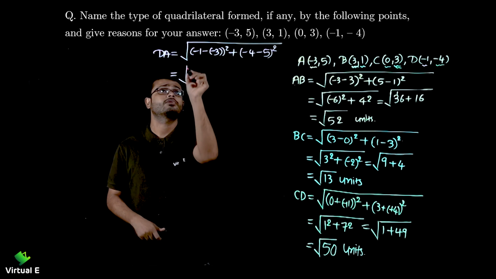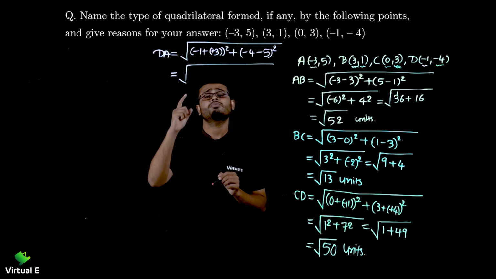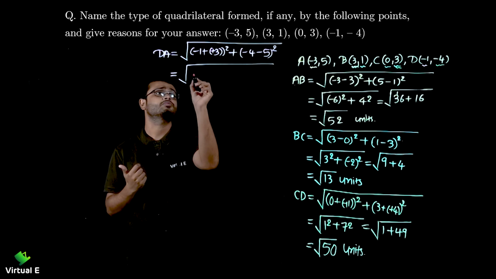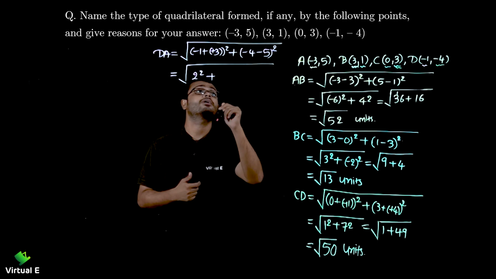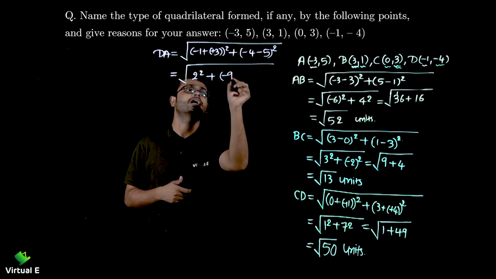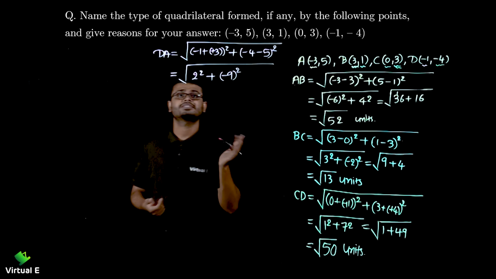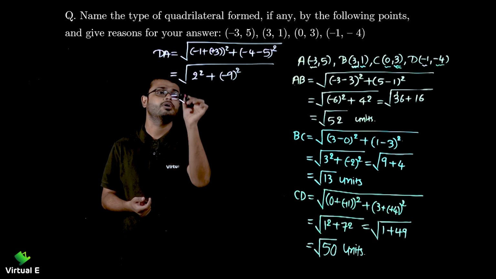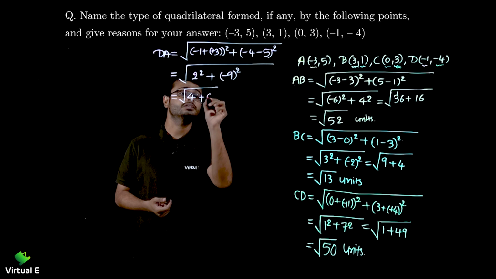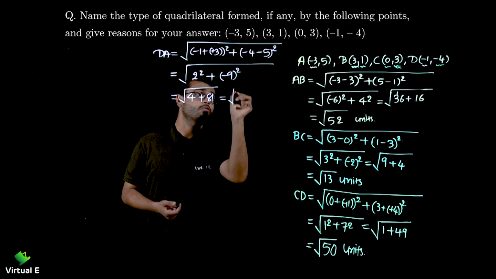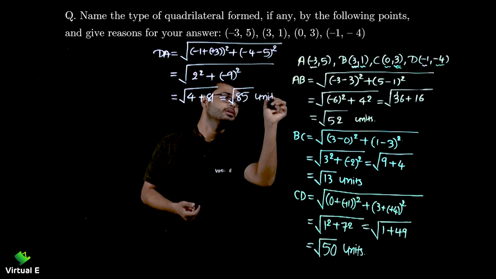So square root as it is, then minus minus plus, minus 1 plus 3, simple calculation, which is 2 square, plus minus 4 minus 5, minus 9 whole square. 9 is coming. So far we had no 9. Okay, let's go on. Then 2 square is 4, plus minus 9 square is 81. So square root of 85 units.